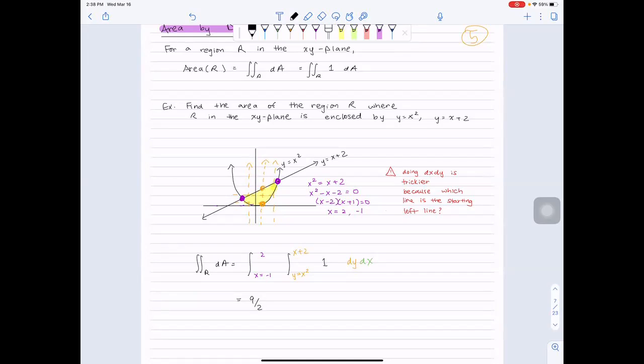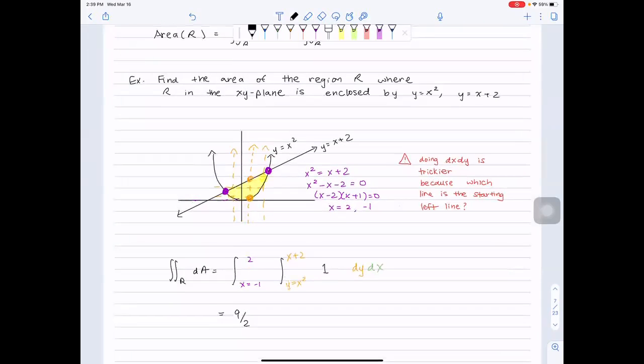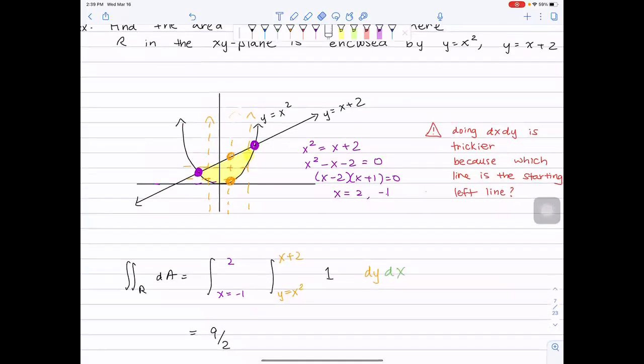Yes. Can you repeat how you decided to do dy dx against dx dy? Yes. So if you wanted to do dx dy, you draw a line in the increasing x direction.